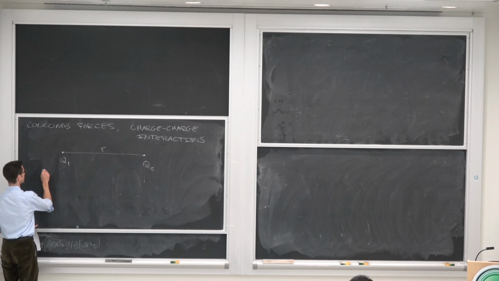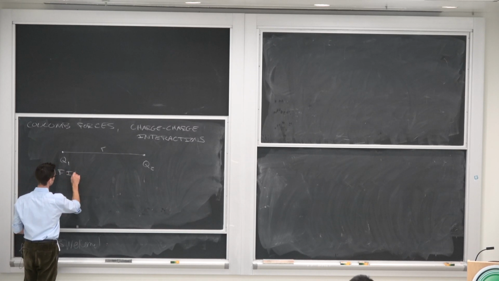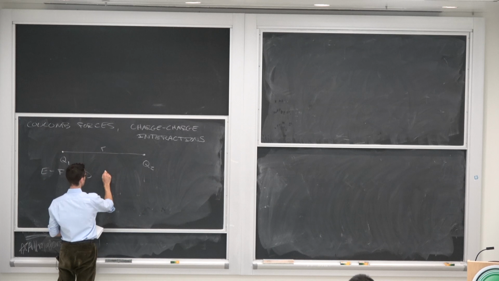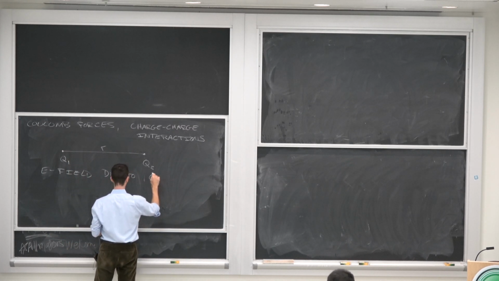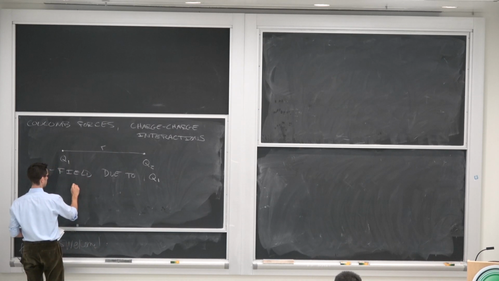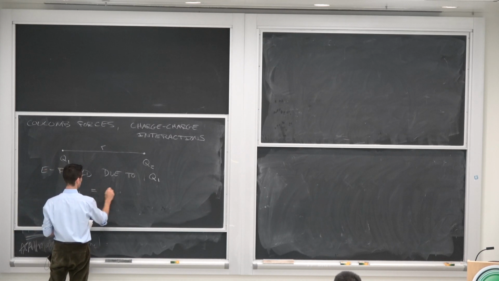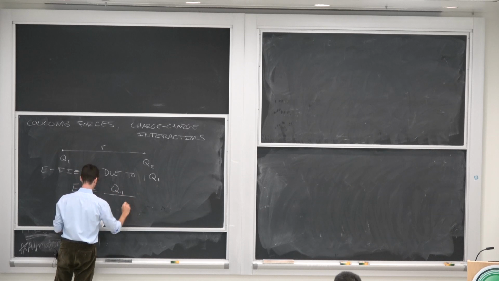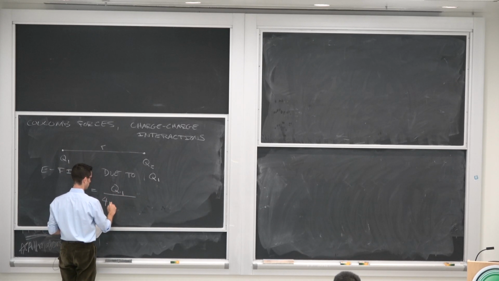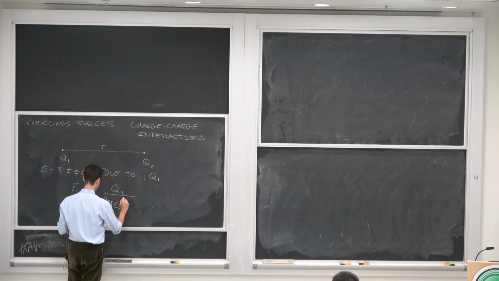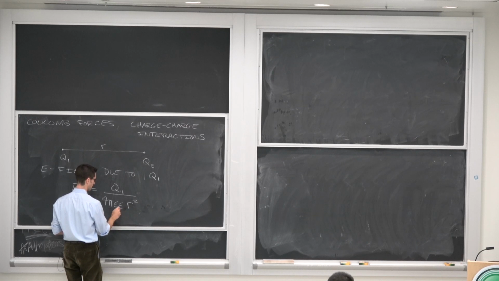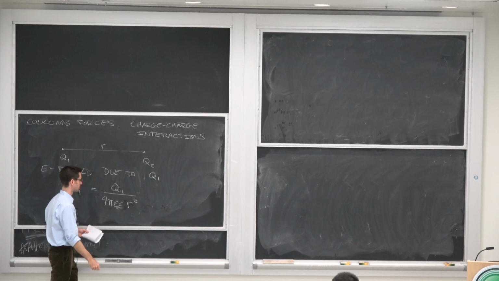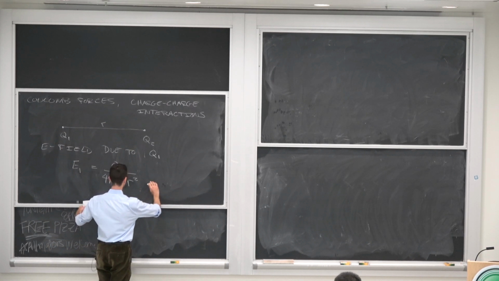We have an electric field due to Q1, which we will call E1, which is Q1 over 4 pi epsilon naught epsilon r squared. I'm going to reverse the epsilon naught and the epsilon because of the way they are in my notes, because I don't want to be inconsistent.